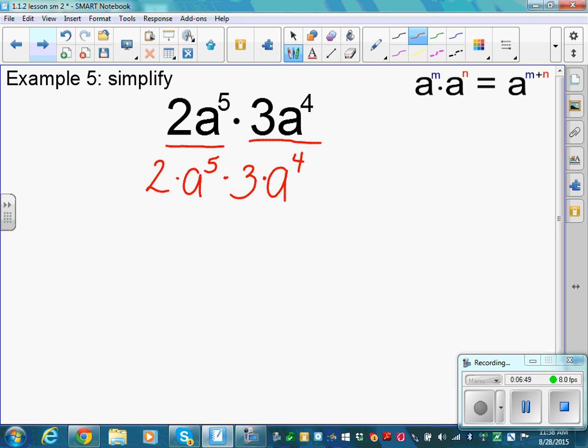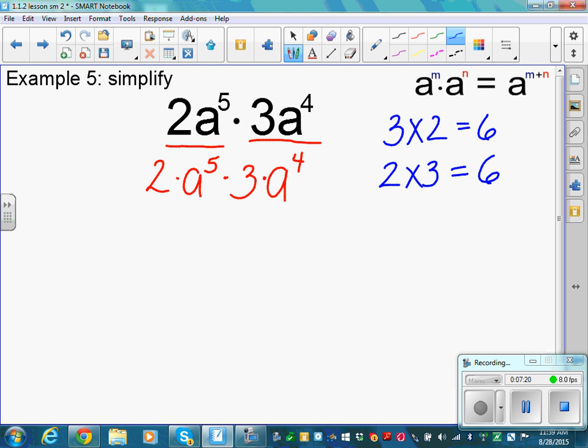Now, is 3 times 2 the same thing as 2 times 3? Well, 3 times 2 is equal to 6, and 2 times 3 is equal to 6. So no matter what the order is, when we're multiplying, you're going to get the same answer. So you can reorder multiplication in any order.